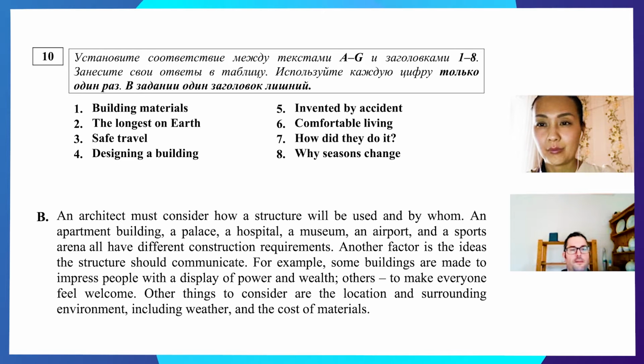For example, some buildings are made to impress people with a display of power and wealth. Others to make everyone feel welcome. Other things to consider are the location and surrounding environment, including weather and the cost of materials. So this one, I would say, is designing a building. Exactly, because it's talking about what an architect has to consider.